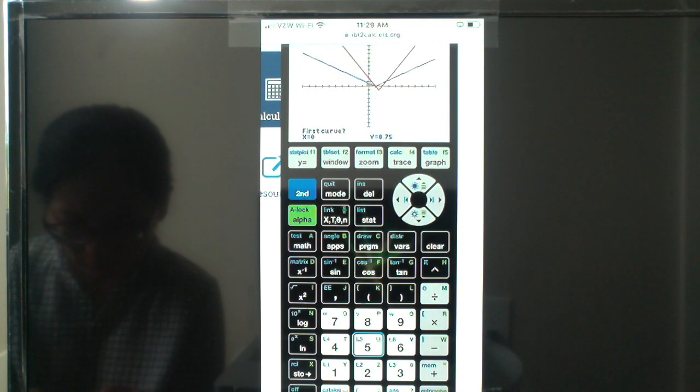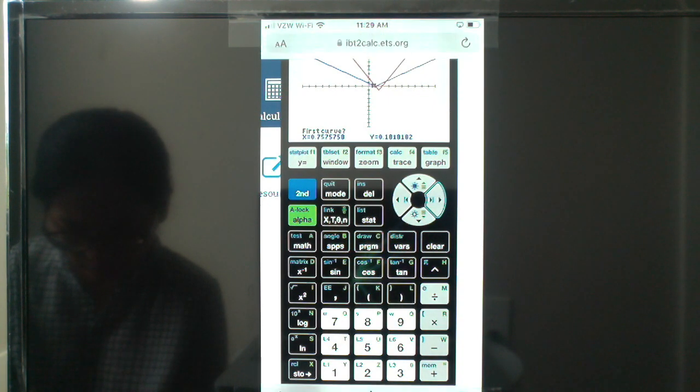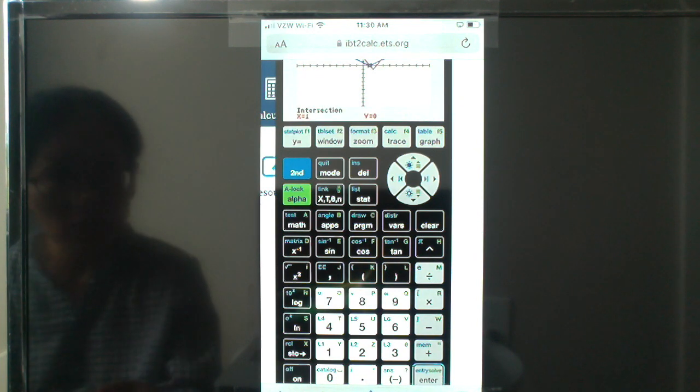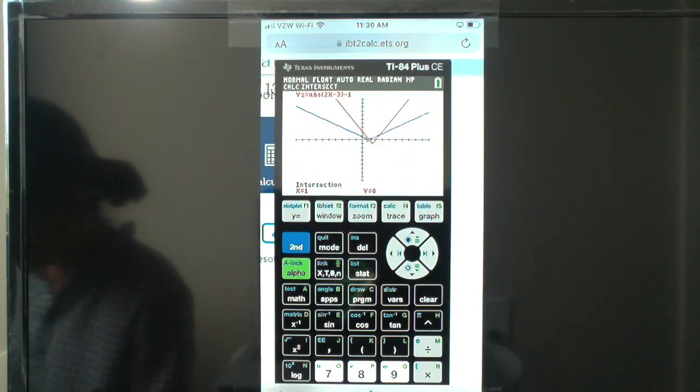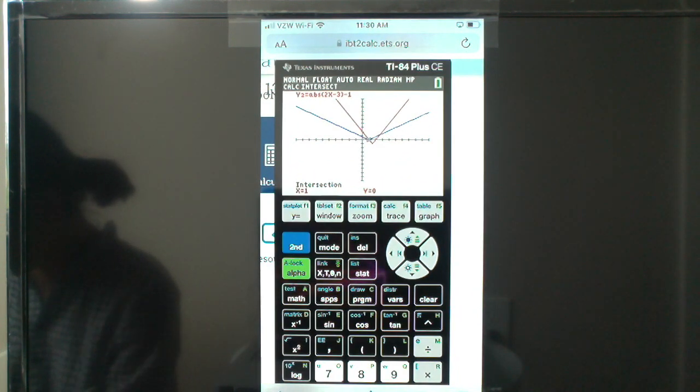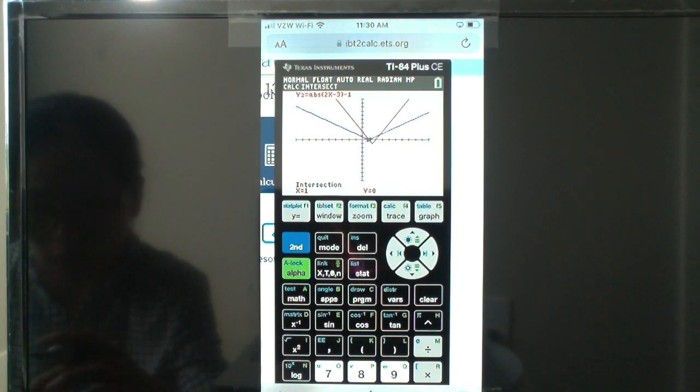Second, calculate, 5, we go close, enter, enter, enter. First point is 1 and 0. I'll write it down. First point is 1 and 0. And then second, blue, calculate.